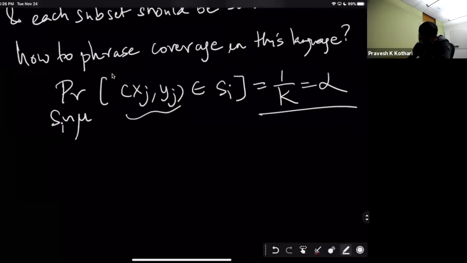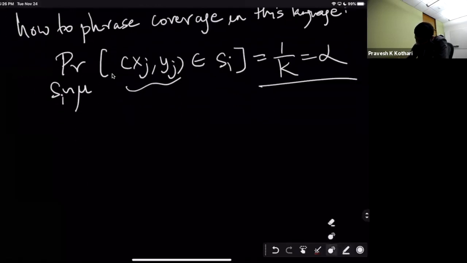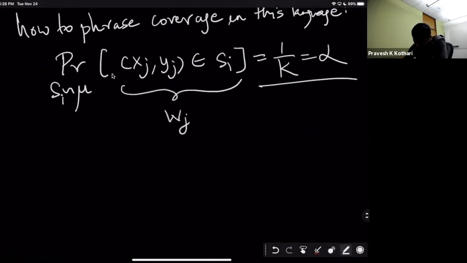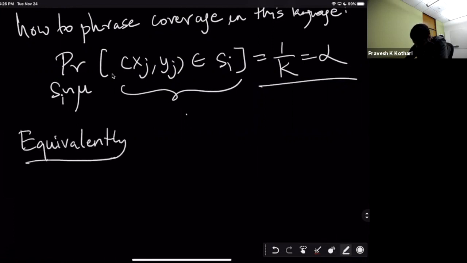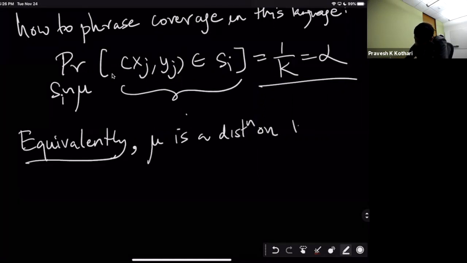Okay, so let's call this event by the name wj. We'll say that wj is 1 if, so okay, in other words, what do I mean? Equivalently, mu is a distribution on w.